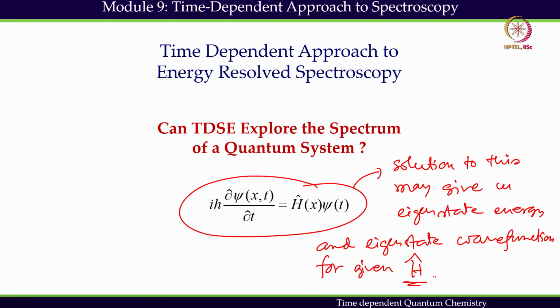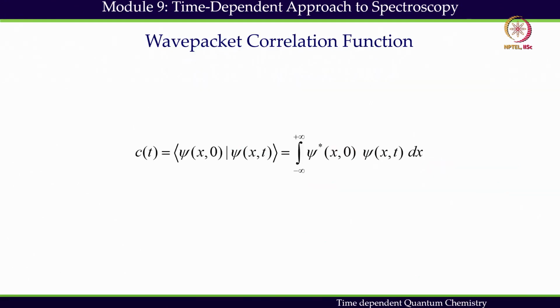So, yes, the TDSE can explore the spectrum of a quantum system. This is what we are going to see. And in order to realize that, what we need to understand is called the wavepacket correlation function. What is the wavepacket correlation function?